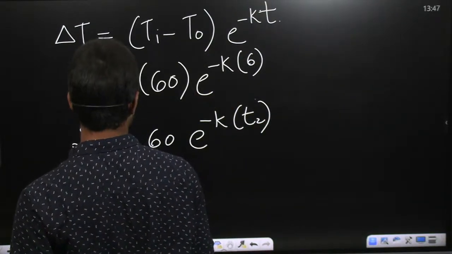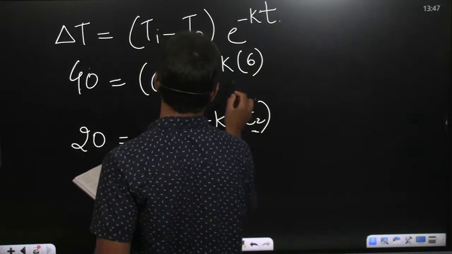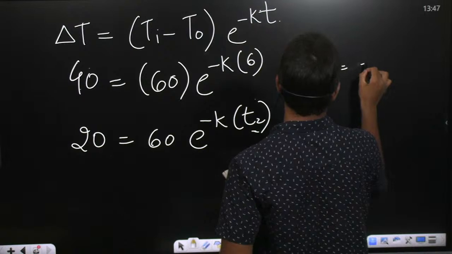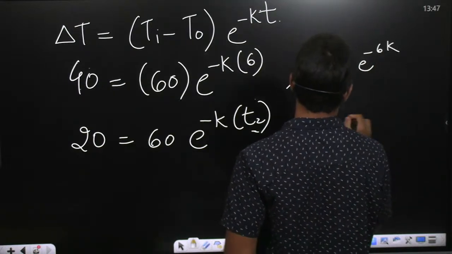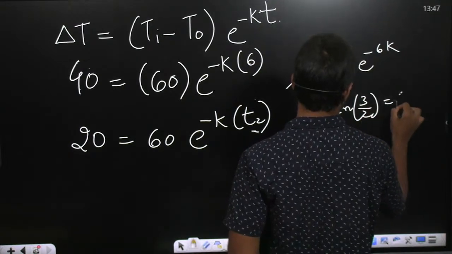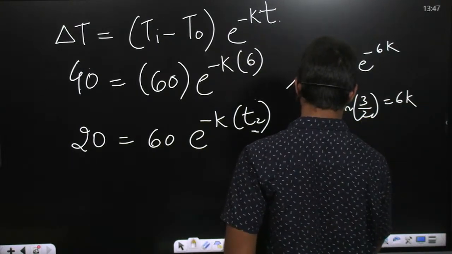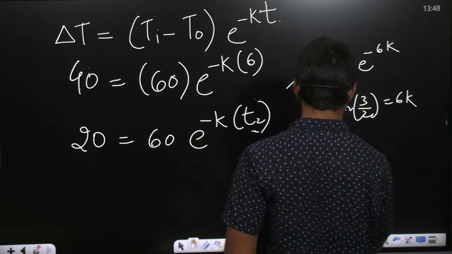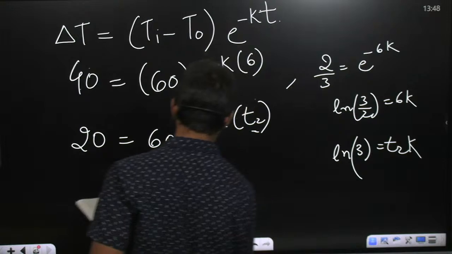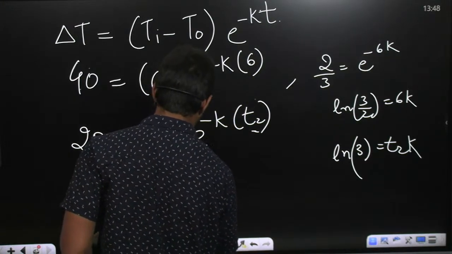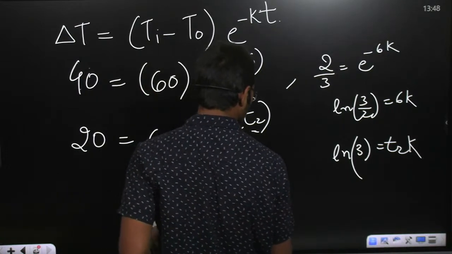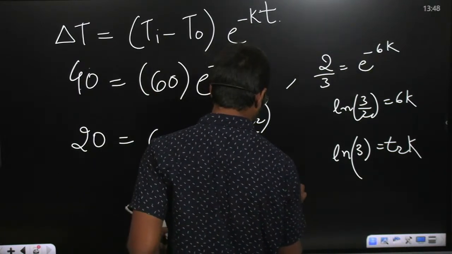If you try to solve this for t2, as k is constant, right? 2 by 3 is e power minus 6k. So ln 3 by 2 is 6k, and ln 3 is equal to t2 k. So ln 3 by 2 by 6 is equal to ln 3 by t2.